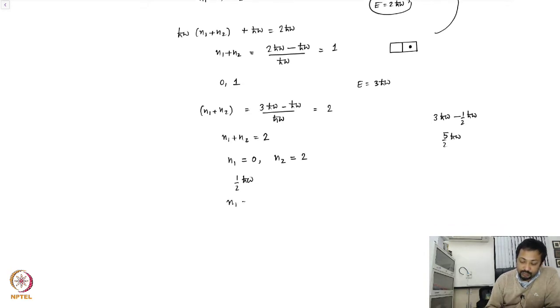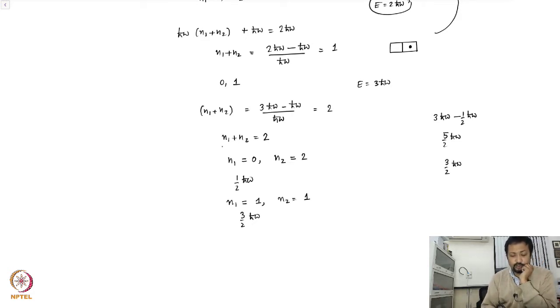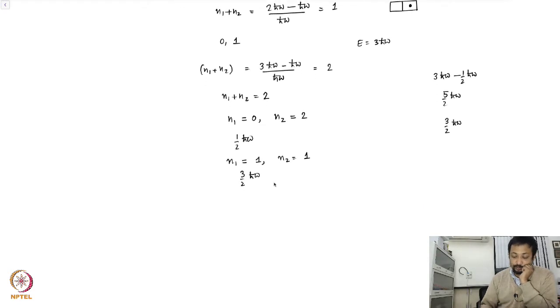What happens when n1 is equal to 1? This gives me 3/2 h bar omega, and I need another 3/2 h bar omega, right? So that n2 can also be 1, which is obvious because n1 plus n2 has to be 2.